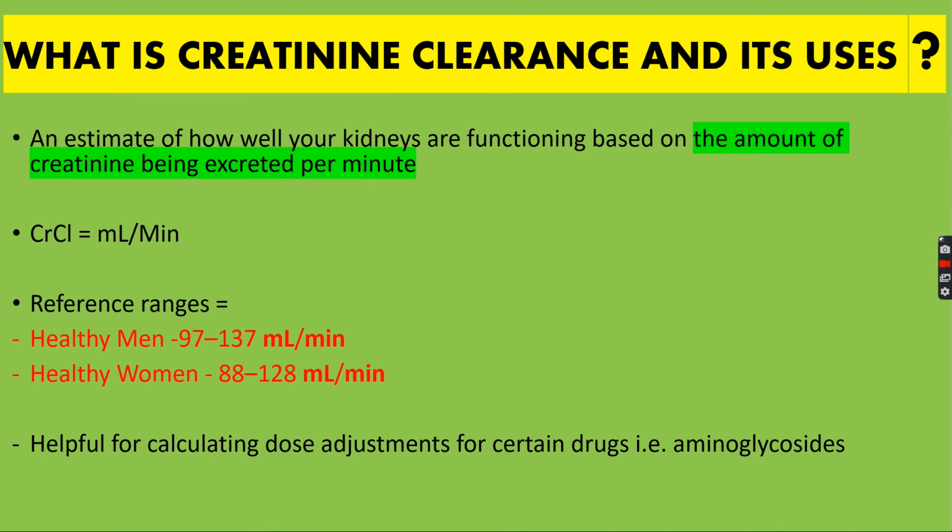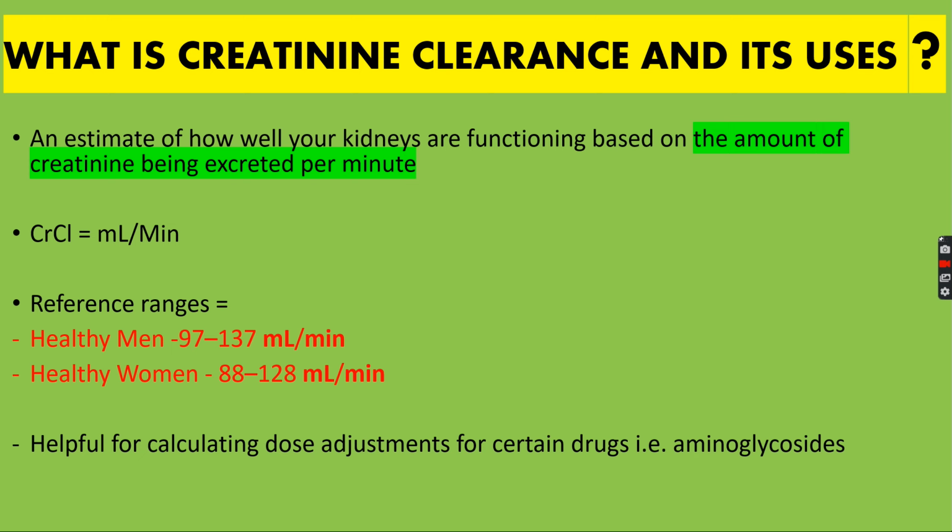What is creatinine clearance and what are its uses? So creatinine clearance essentially is an estimate of how well your kidneys are functioning, and this estimate is based on the amount of creatinine that is being excreted through your kidneys, through your urine, per minute.